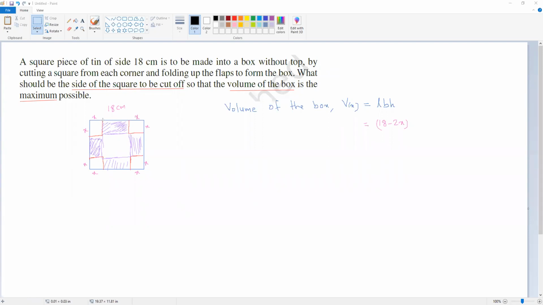This much is the length here, that will be 18 minus 2x. What is the breadth? It is the same thing, it is a square, so 18 minus 2x. And what is the height? x, because this here is the height, like you can see.